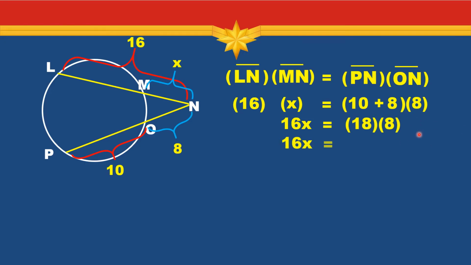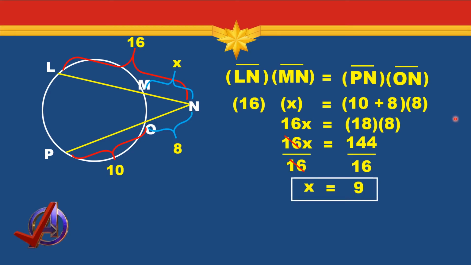So, we have 16X is equal to, when we multiply 18 times 8, we have 144. And by division property of equality, we have to divide both sides by 16 para ma-cancel yung 16. So, we have X is equal to 144 divided by 16 is 9.